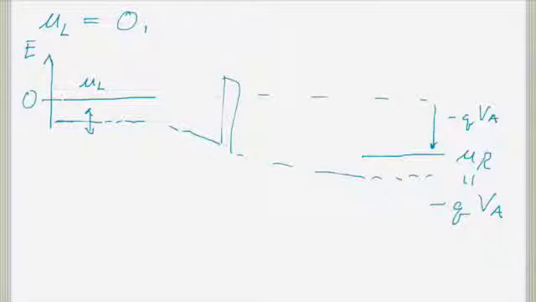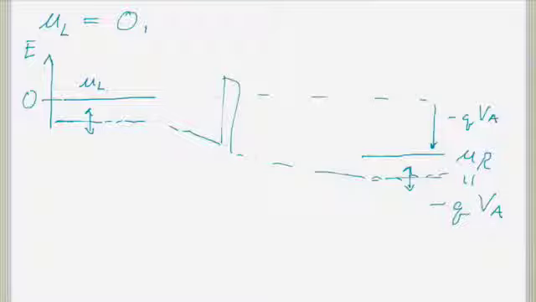The band just floats around during the iteration until it finds its charge neutral position. And you don't have to do any pre-calculation like you do in the Dirichlet boundary conditions. So your Fermi level on the left is always 0. Your Fermi level on the right is always negative QVA. And you send this in, and it floats around until it converges and finds its happy spot where you have charge neutrality in the leads.